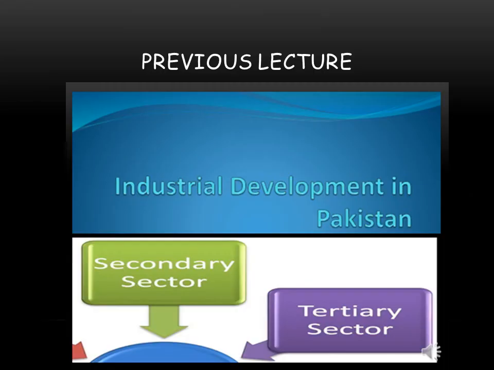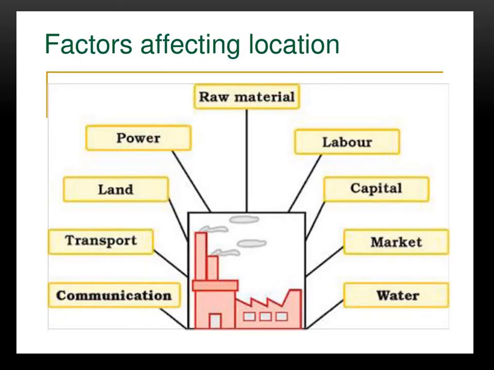In the previous lecture, we learned about the secondary sector and the tertiary sector, and I've told you that the secondary industry is all about the manufacturing and the processes, and the tertiary industry is all about the services. Then we learned about the factors influencing industrial location, and I told you that we can divide these factors into physical factors and human factors.